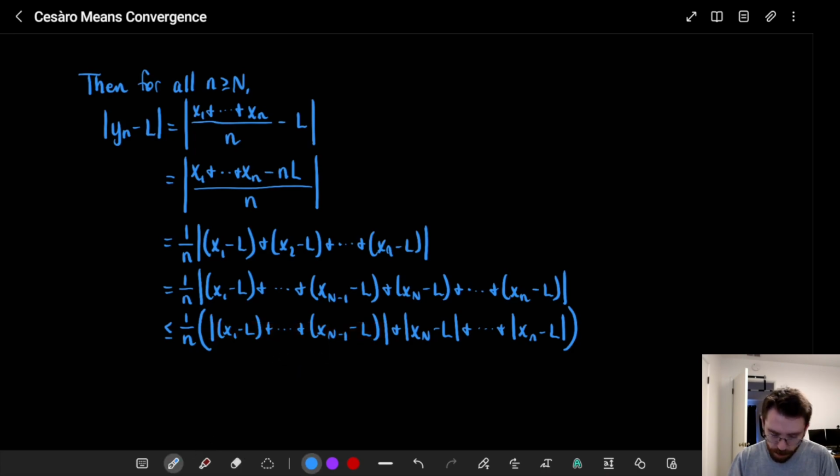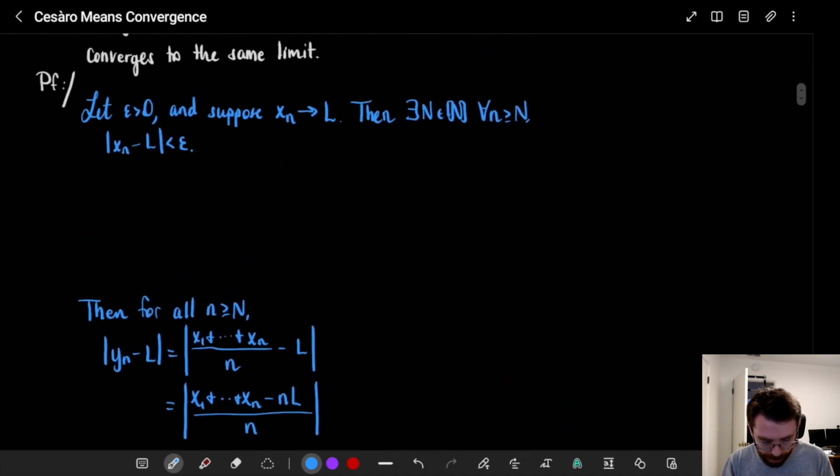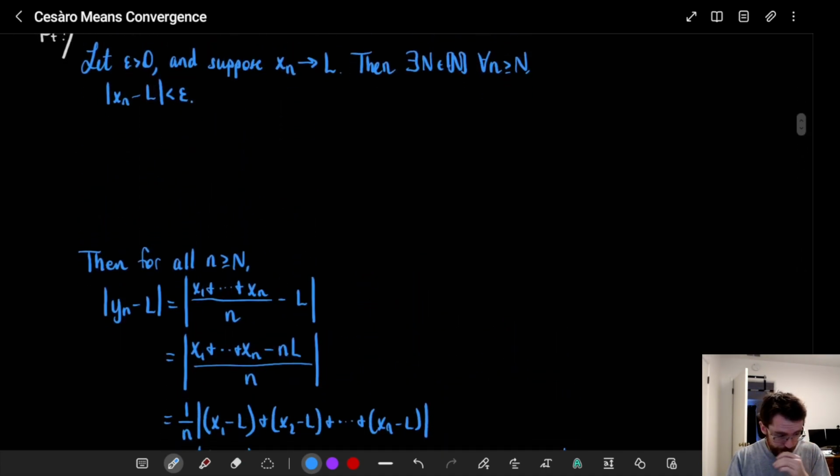So let's go back to the beginning and really focus in on that term. One thing I might choose to write is, well, this is the Archimedean property.